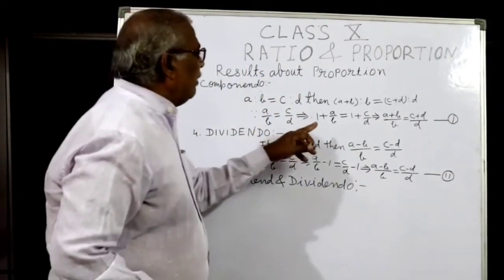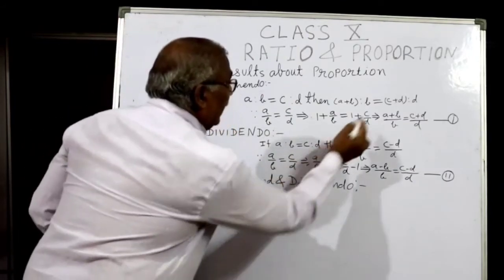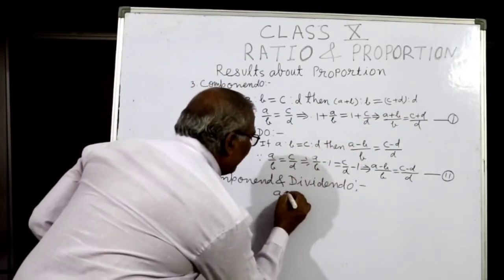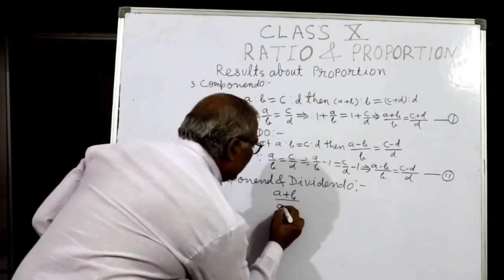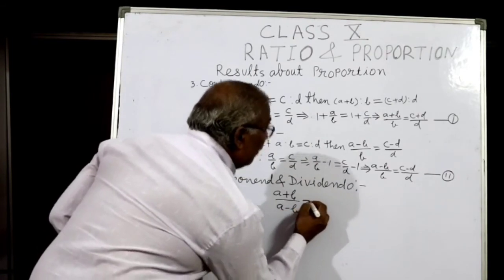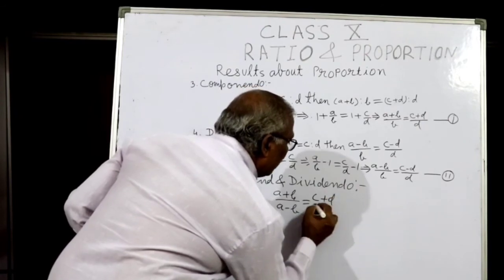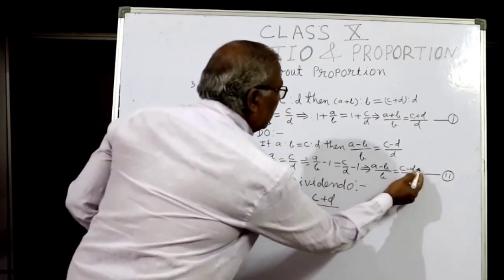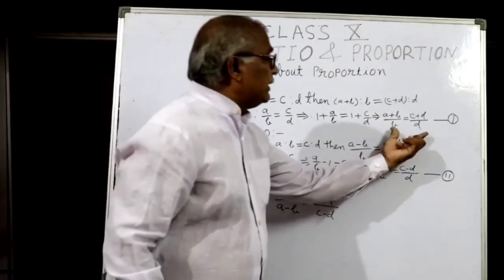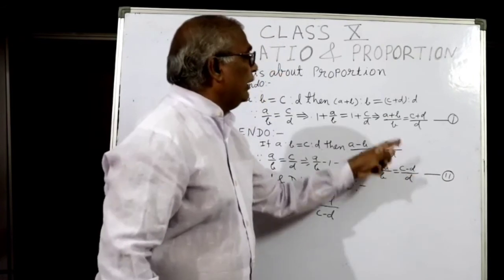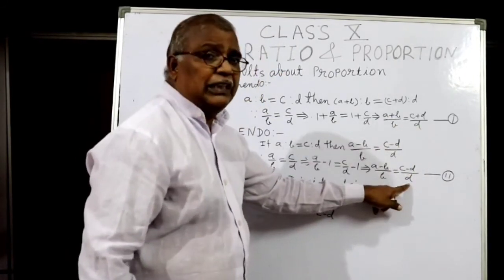Dividing equation number 1 by 2, we get A plus B upon A minus B is equal to C plus D upon C minus D. When you divide this equation by this equation, then B and B will be cancelled and D and D will be cancelled.